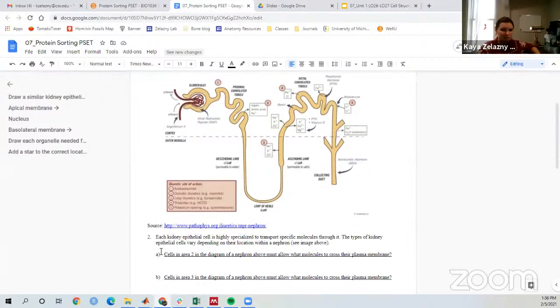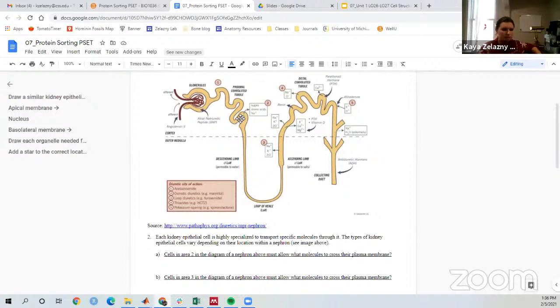So then these next two questions, what we're asking you to do is to read this diagram. This is showing you some of the pathways you would see inside a kidney, and in different regions, we'll see the membranes of the cells are permeable to different molecules.